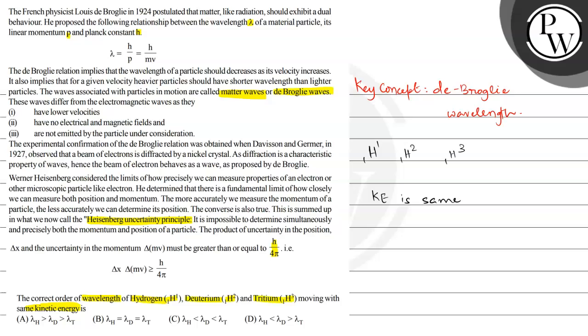Now we know lambda is equal to h by mv and the formula of kinetic energy is KE is equal to half mv square. If we multiply 2m on both sides, 2m KE is equal to 2m multiplied by half mv square.